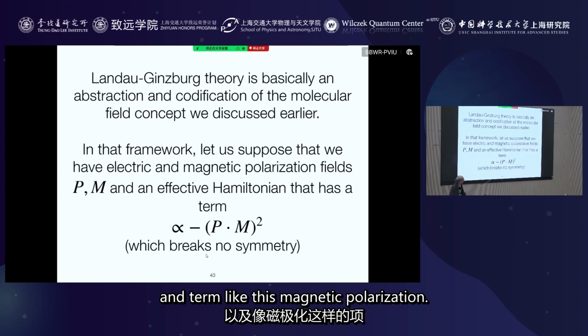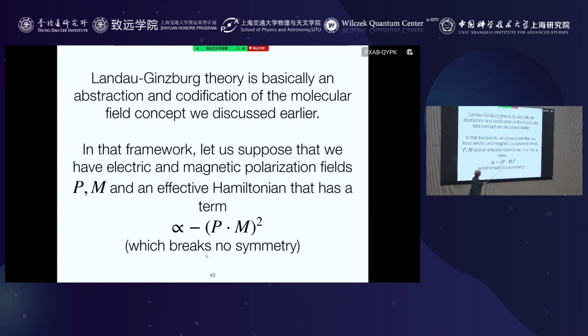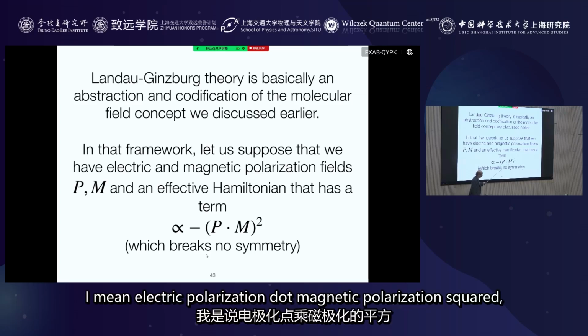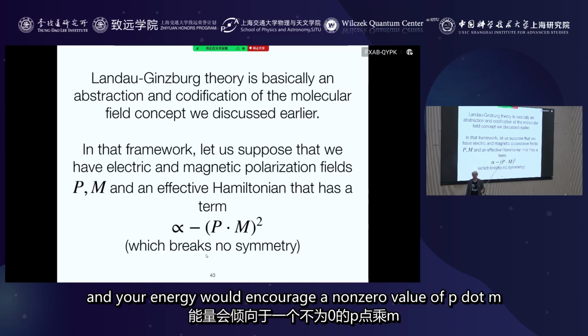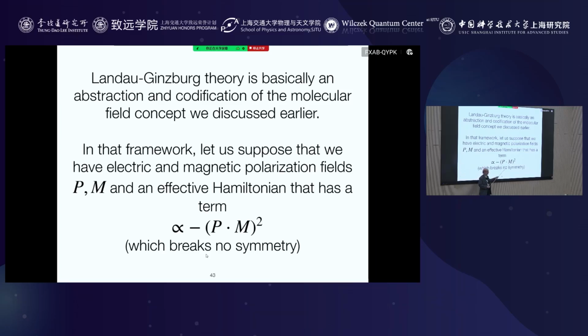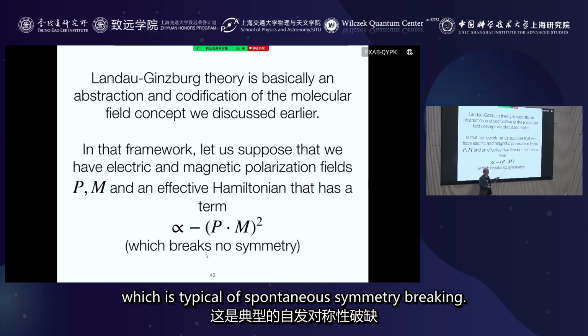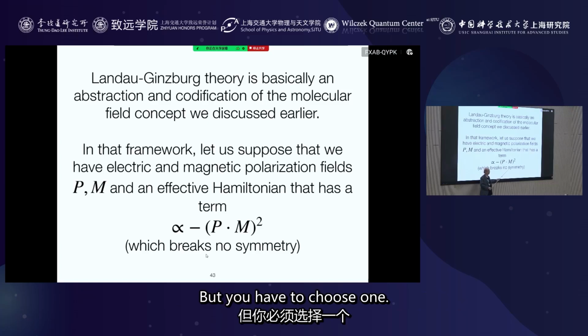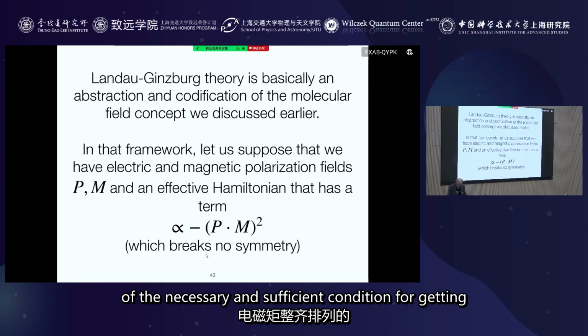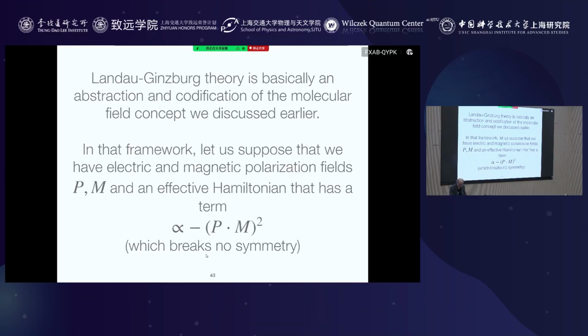And a term like this, electric polarization dot magnetic polarization squared in your energy, would encourage a non-zero value of P dot M. It doesn't tell you which value to choose, which is typical of spontaneous symmetry breaking, but you have to choose one. And so this is the necessary and sufficient condition for getting the alignments of moments.